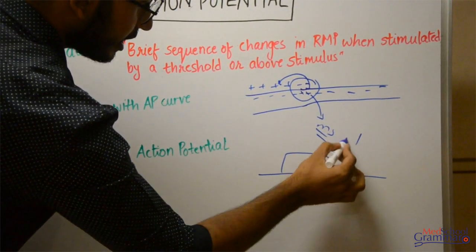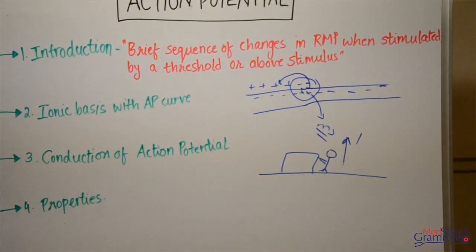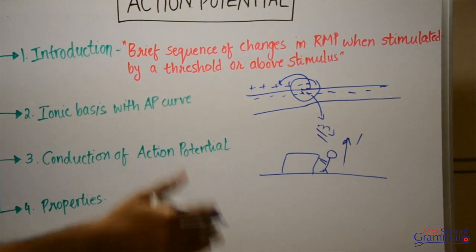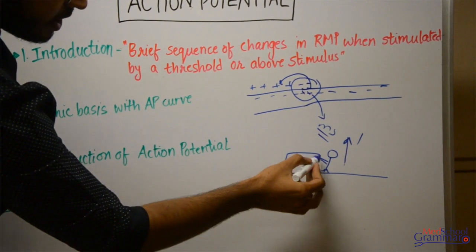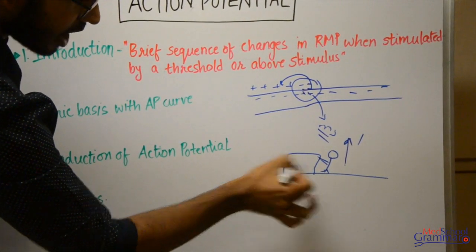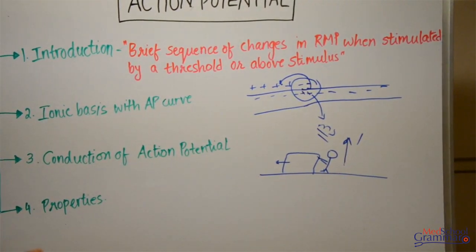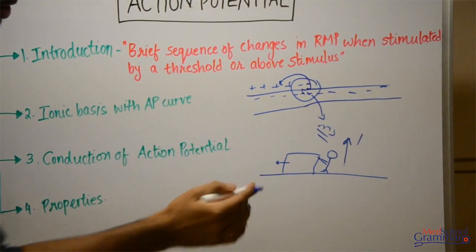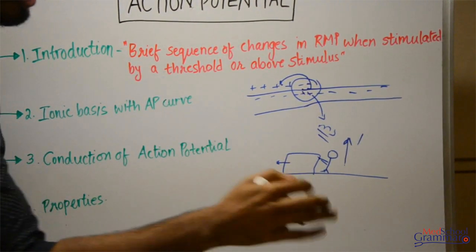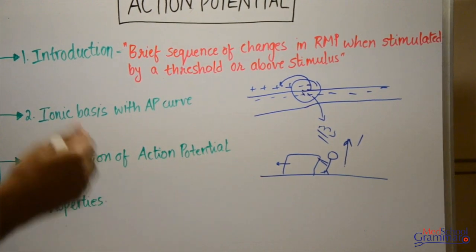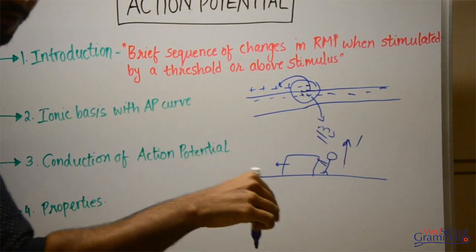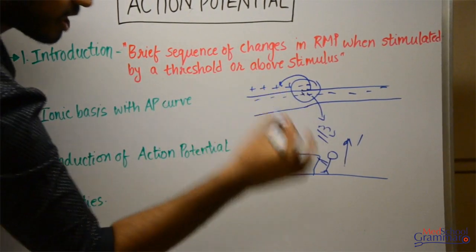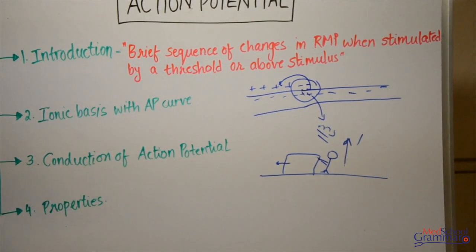Now you suddenly increase the force, you go on increasing the force, a point will come or a force will be reached where this object just starts to move in the direction of the force, right? If you go on increasing the force, the object will just start to move at a particular level or the particular magnitude of the force. That force at which the object just starts to move is known as the threshold force.